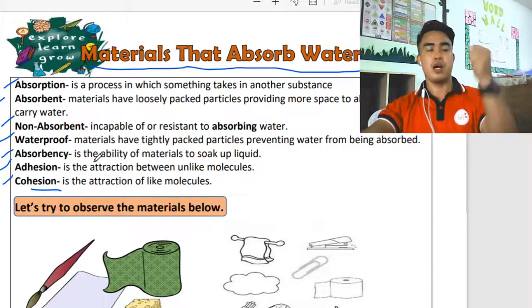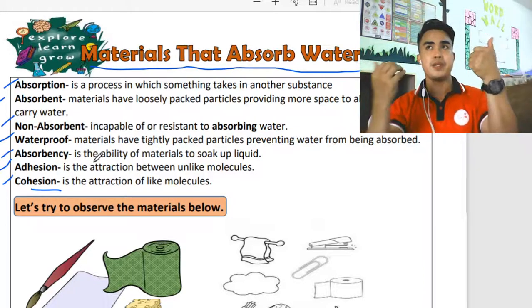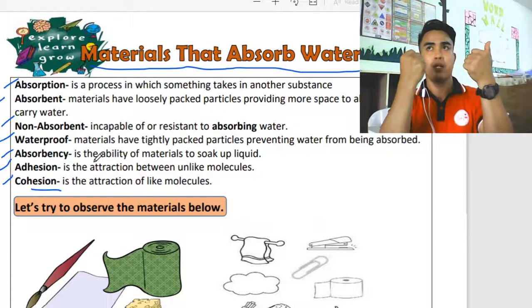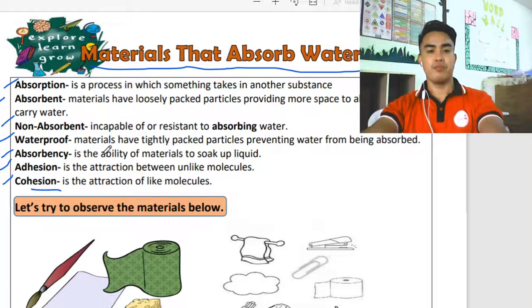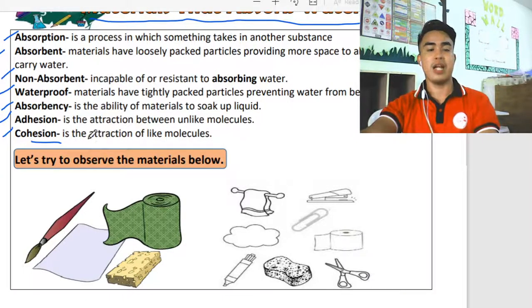For example, this is the water, and this is, for example, a glass. So they have attraction to each other. Next, cohesion is the attraction of like molecules. They are attracted to each other.